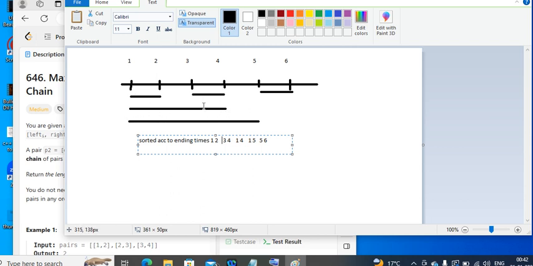See, all three can't come together. So either I have to consider 1, 2, 3, 4, or I have to consider this large interval 1, 4. Of course, considering 1, 2 and 3, 4 together would lead to a longer chain. So I would always try to get rid of these envelope kind of intervals. That is the main idea.